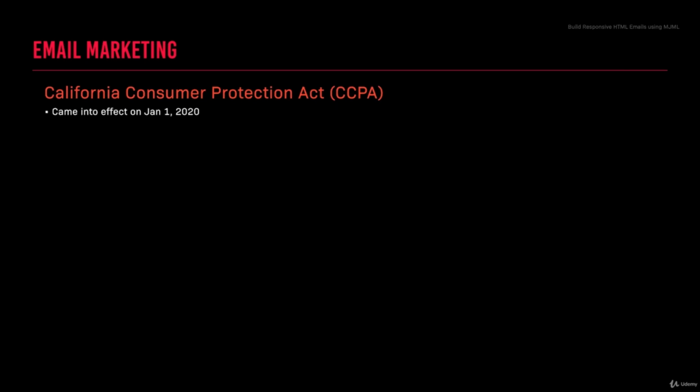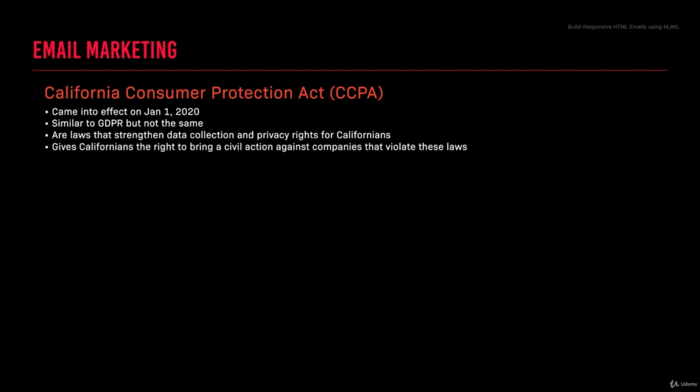The CCPA came into effect on January 1st, 2020. It's similar to GDPR, but not the same, so it should not be confused with GDPR. These are laws that strengthen data collection and privacy rights for Californians in the US. And it gives Californians the right to bring a civil action against companies that violate these laws. So it's a good idea to consult with a professional to ensure you are compliant.